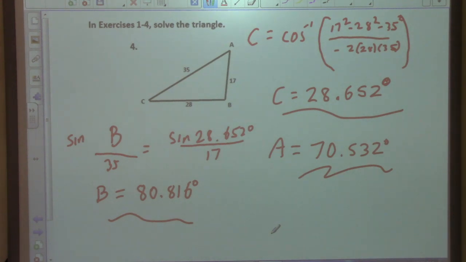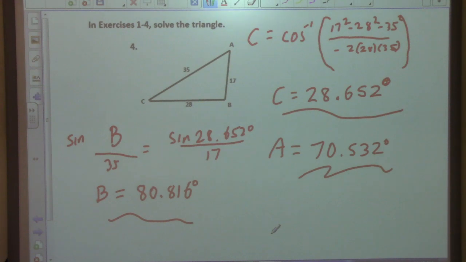I don't know if I told this class yesterday, but there's something called the ambiguous case, where when you have a sine, it could be a valid sine for two different angles, because in quadrants 1 and 2 you have a sine.